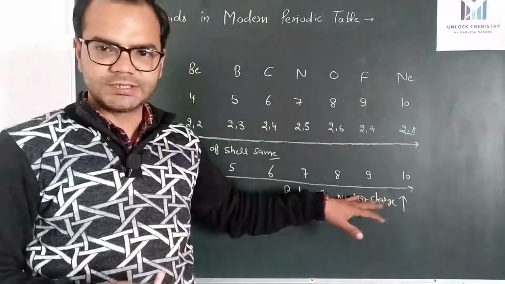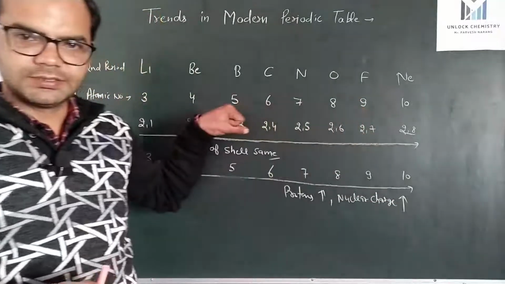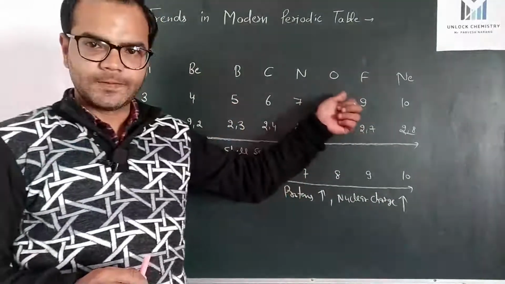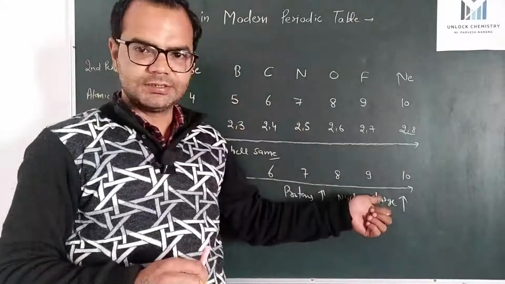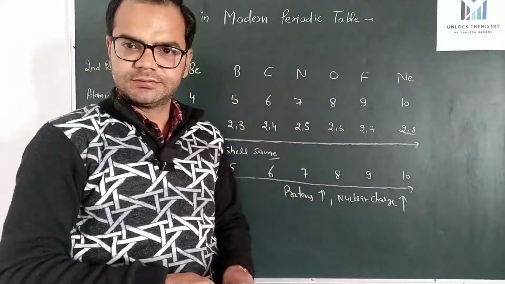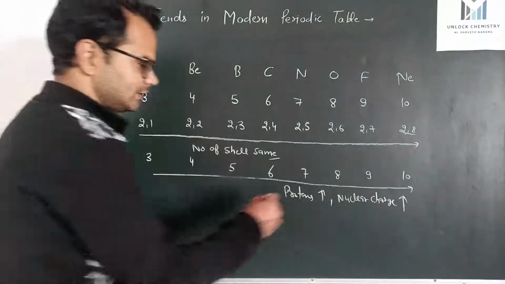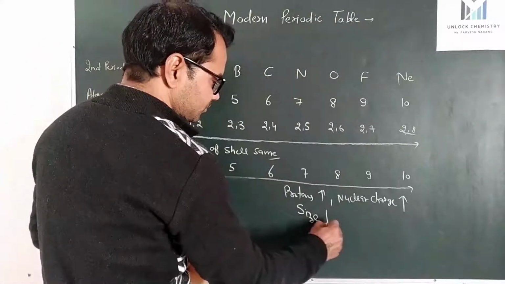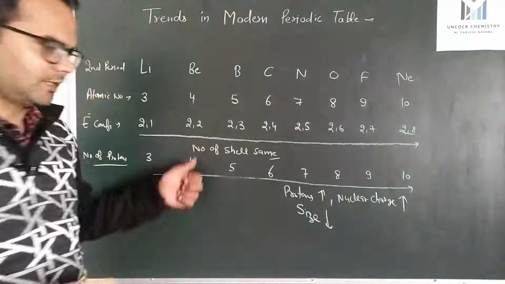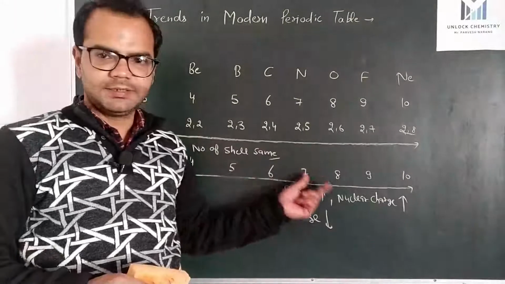This increased nuclear charge will tend to reduce the size. It will attract the outermost shell towards itself. So due to increase in nuclear charge, there is a gradual decrease in size. So conclusion is size decreases. So in a period, size decreases.